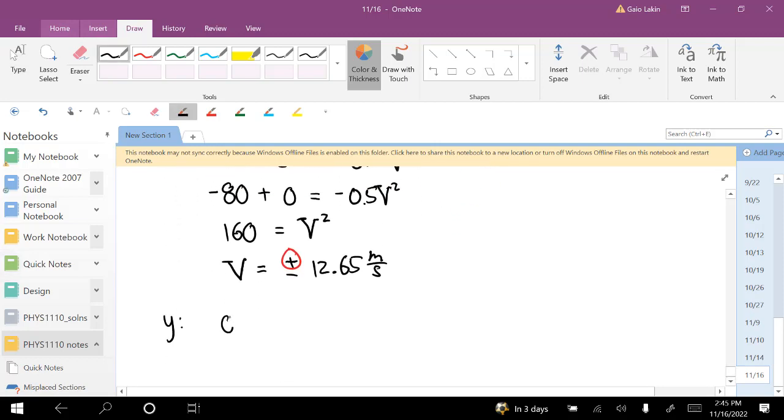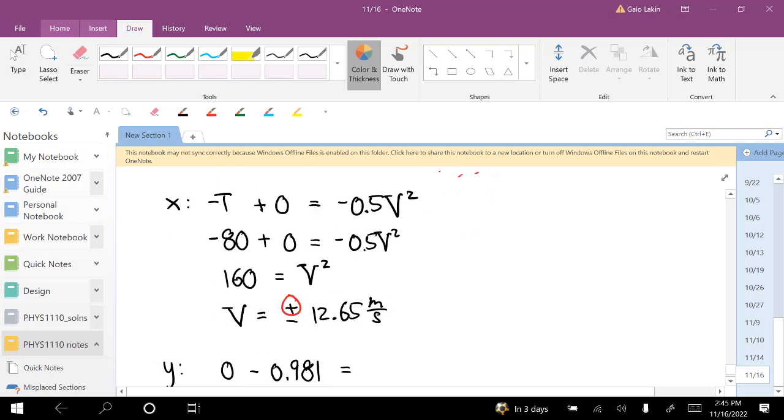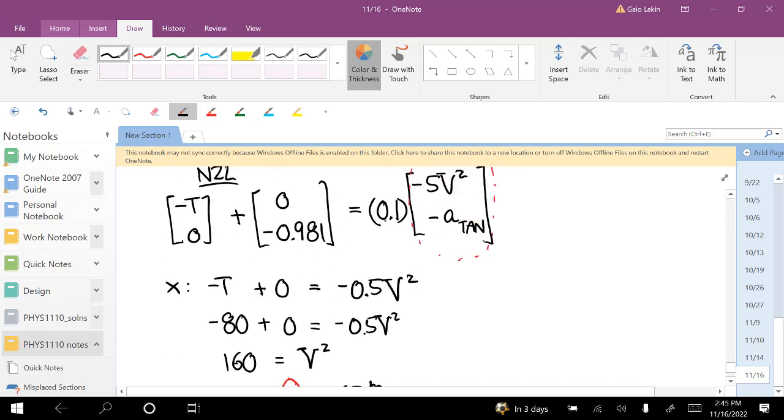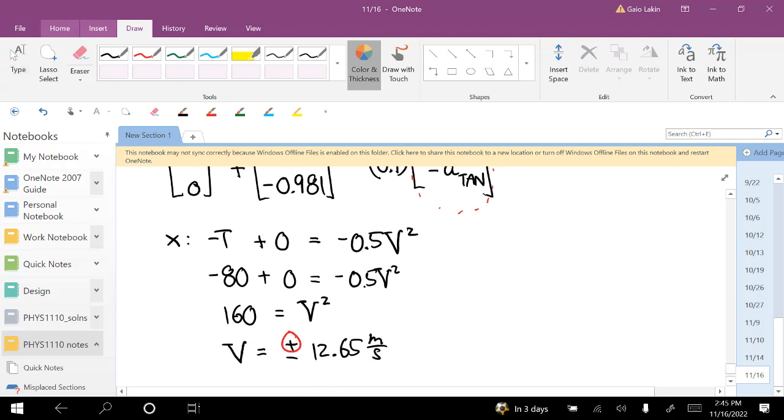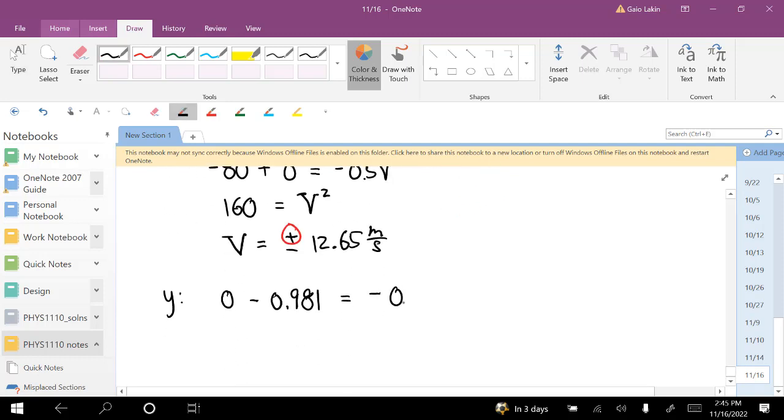And it says 0 minus 0.981 is equal to 0.1 times negative a tangential. So a tangential is equal to 9.81.